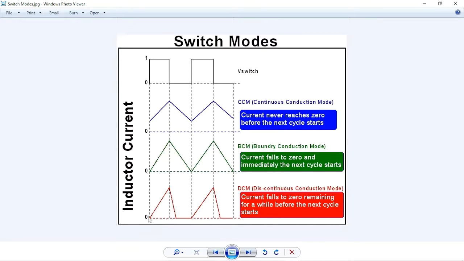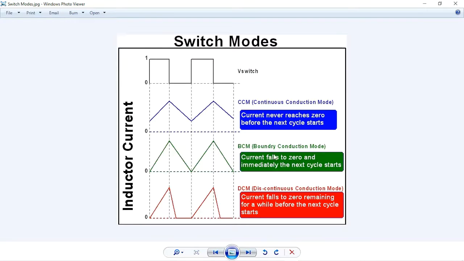In our case, when the switch is on and it's closed, the inductor current rises until the switch turns off, and then the current falls till it reaches zero. And then it stays at zero for a while before the next cycle. And this is known as discontinuous conduction mode.